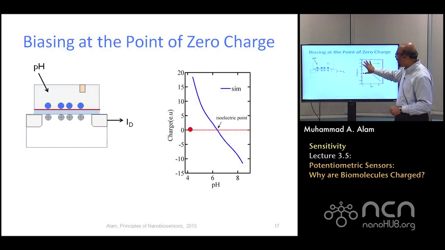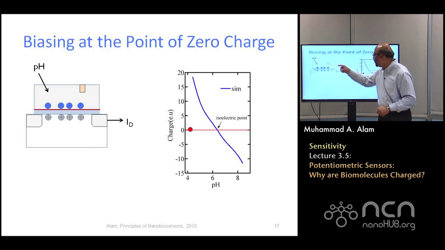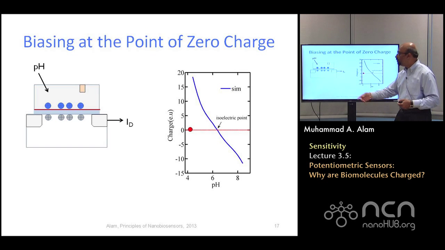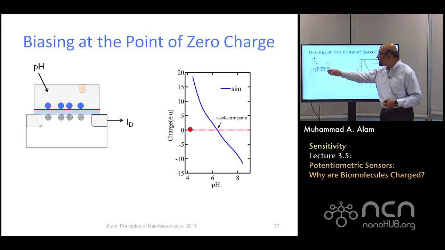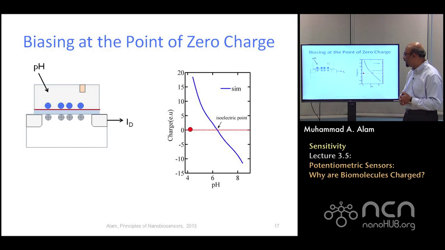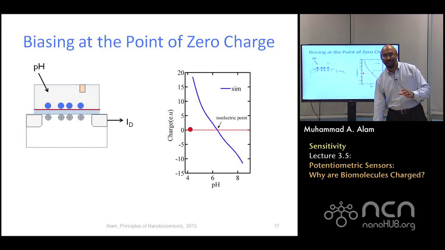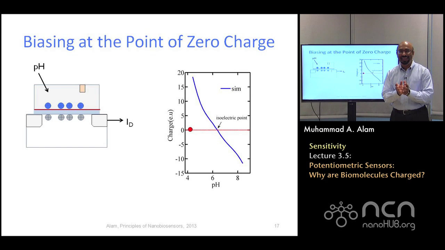And therefore, this red line will disappear. And the whole charge associated with the blue molecules will shine through, will essentially get reflected on the sensor surface itself. Of course, save the part which has already been consumed by the salt itself, which is taken away by the salt. Now, this particular amount of charge would be very good, but remember, it's very important that the DNA is not too far away from the isoelectric point.